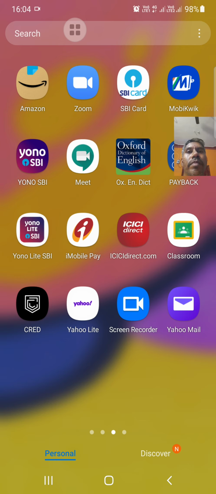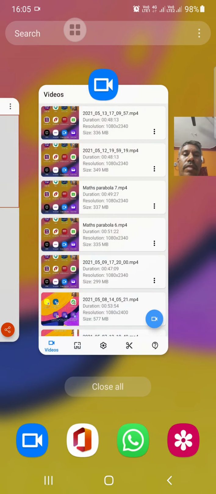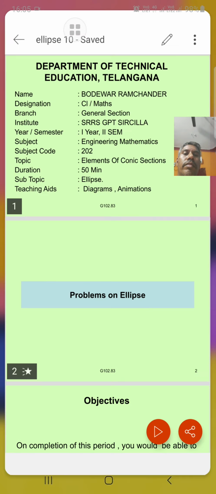In this class we will learn how to do the problems. Let us see. So, problems on ellipse.